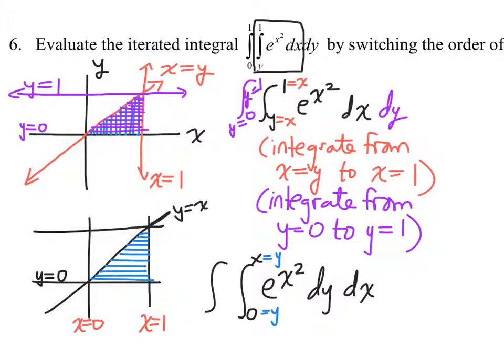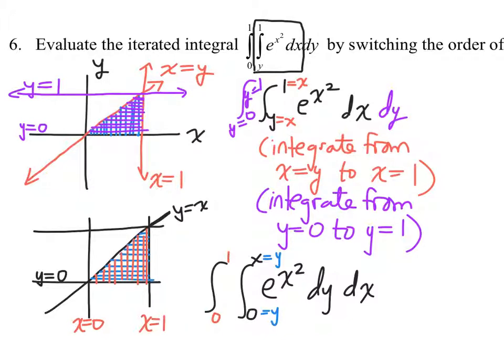So I'm stuck between y equals 0 and y equals x. But then also I want to be stuck between x equals 0 and x equals 1. And under those circumstances, if I start drawing my vertical rectangles, it's going to cover the same region just in a different way. So this would go from 0 to 1.